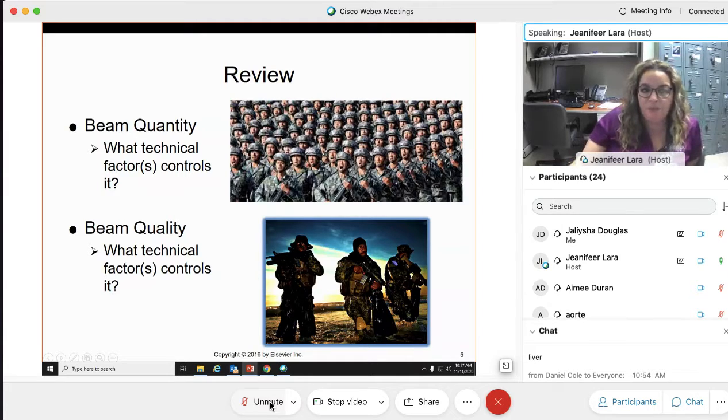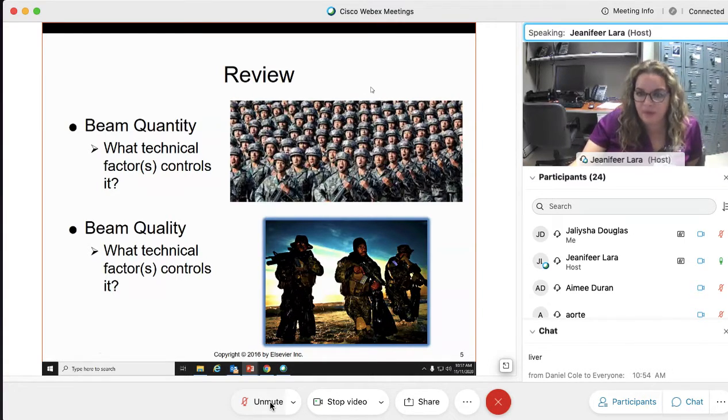So beam quantity is the amount of photons, regardless of their energy level, because remember, kVp is going to set the highest, and not all photons will carry the highest energy. Most of the photons will carry about 1/3 of what is set. Only a few will have that high penetrating power to meet that image receptor.